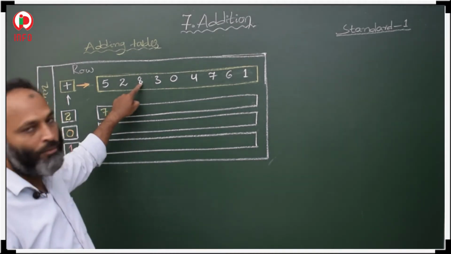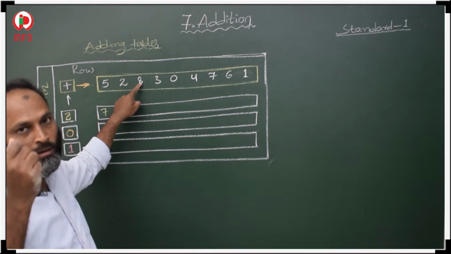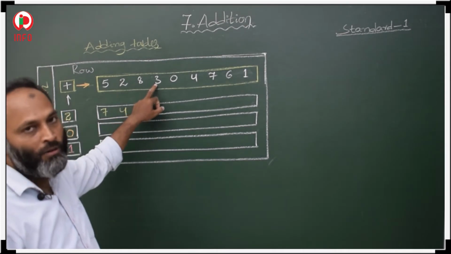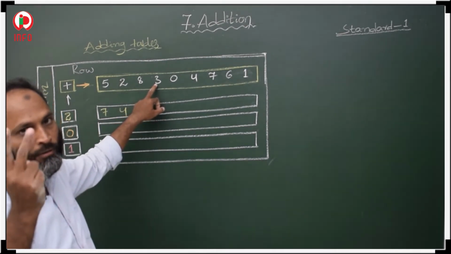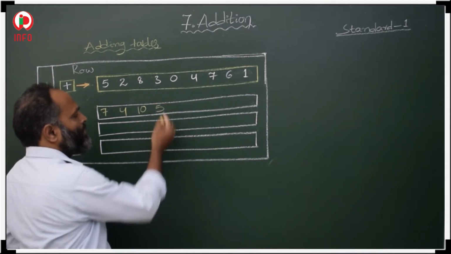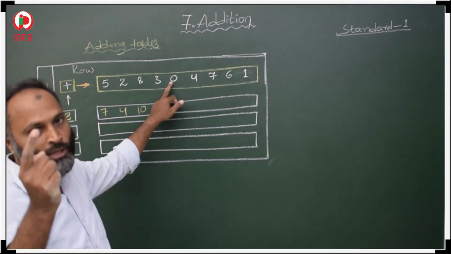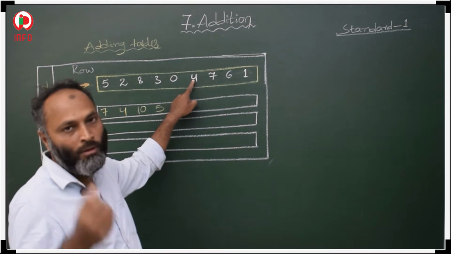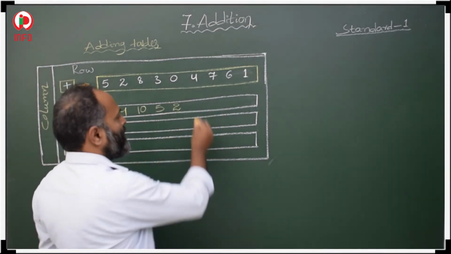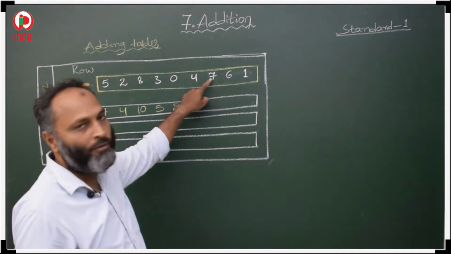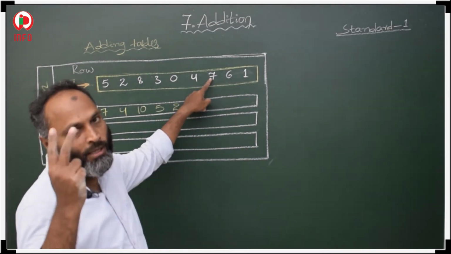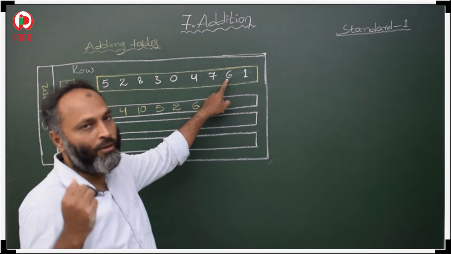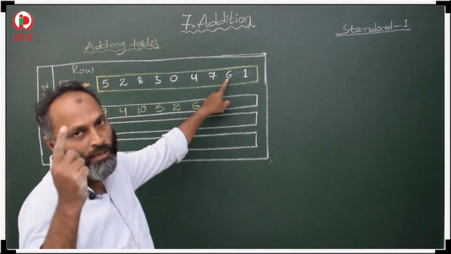From here 8, after 8 we have to count 2 more numbers: 8, 9, 10. Then 3, after 3 we have to count 2 numbers: 4, 5. 0, after 2 numbers: 0, 1, 2, we will get 2. 4, after 2 numbers: 4, 5, 6. 7, after 2 numbers: 7, 8, 9. 6, forward 2: 6, 7, 8.